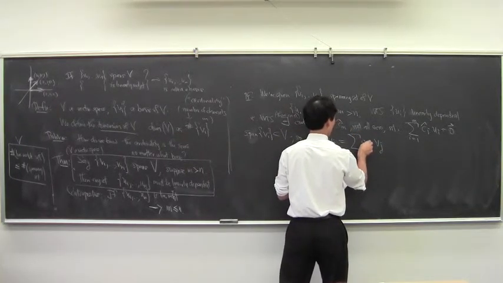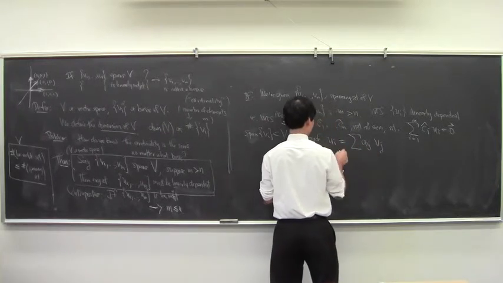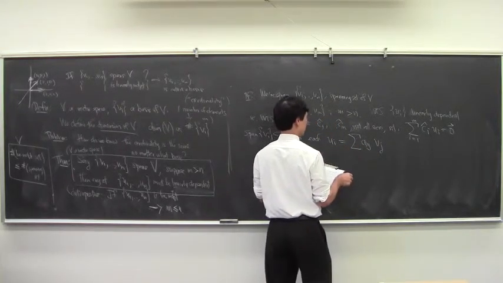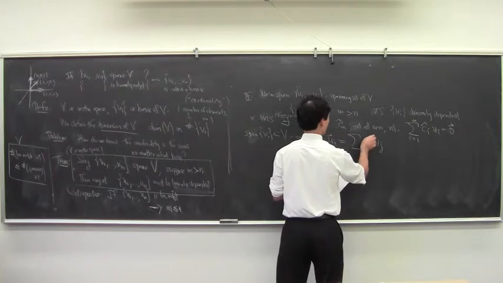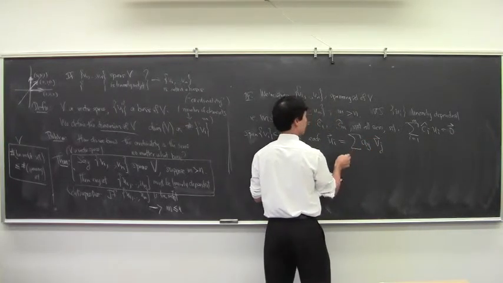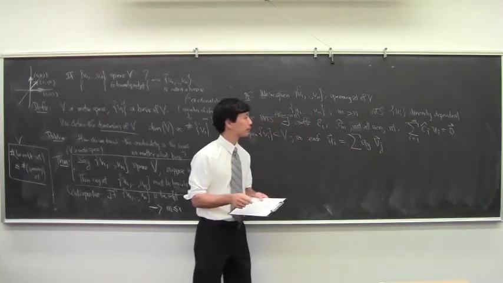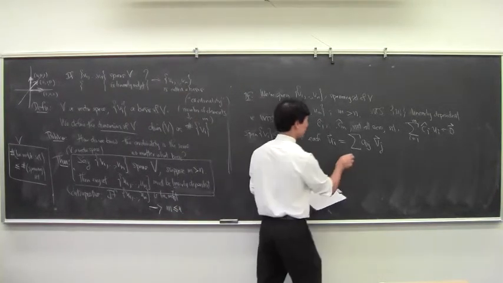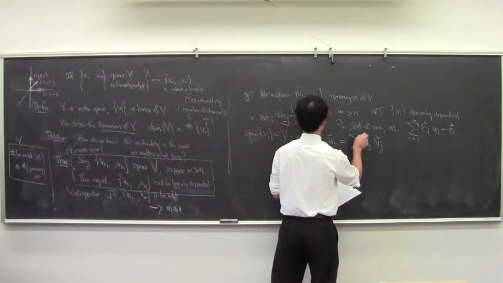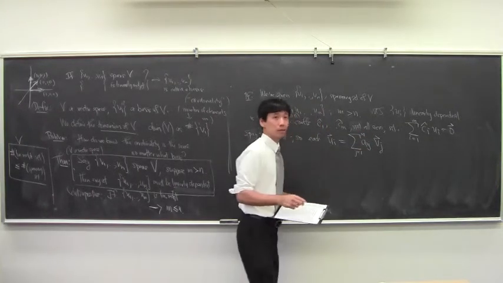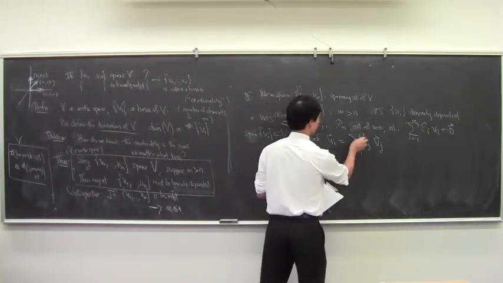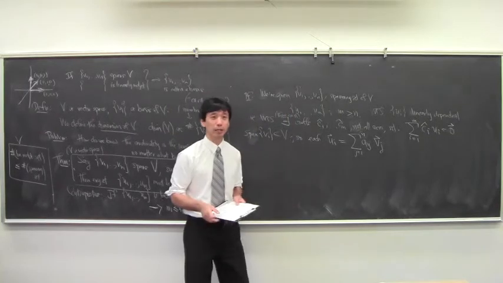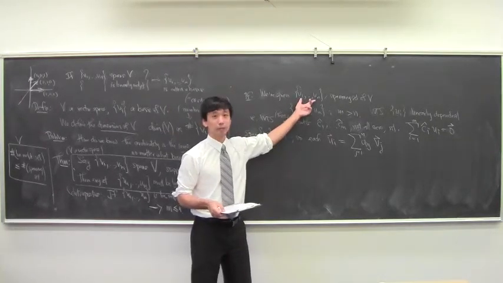So Ui equals the sum of Aij Vj. I've been kind of sloppy, so I'm going to put vector signs on the U's and V's. J from 1 to n. Notice that that's an n. There are n guys in the Vi set.